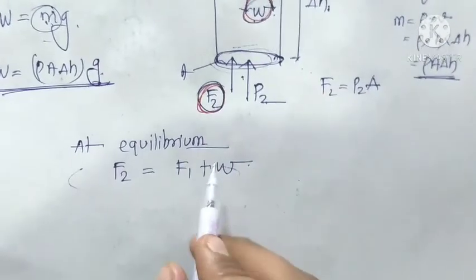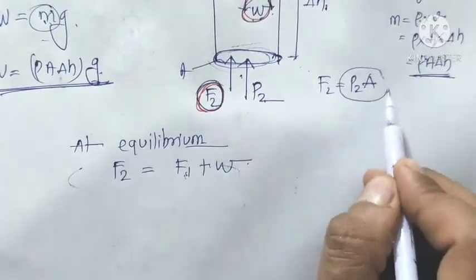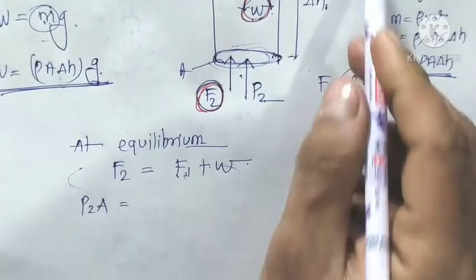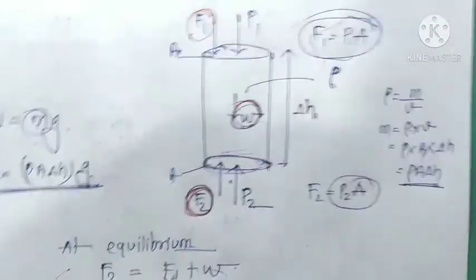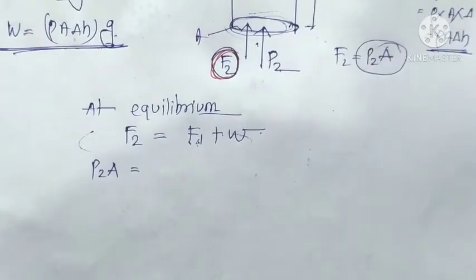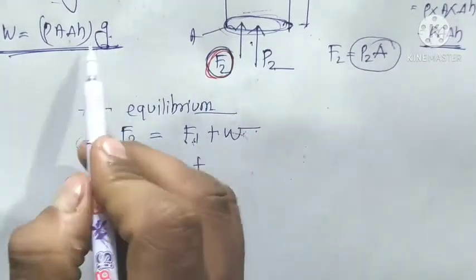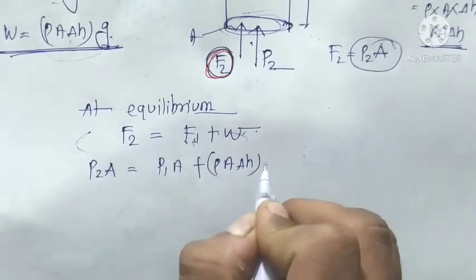Firstly we put the value of F2, F2 is equal to P2A, and value of F1 is P1A, and weight of this body is rho A delta H and G.